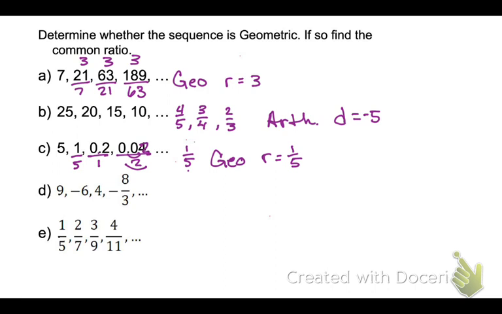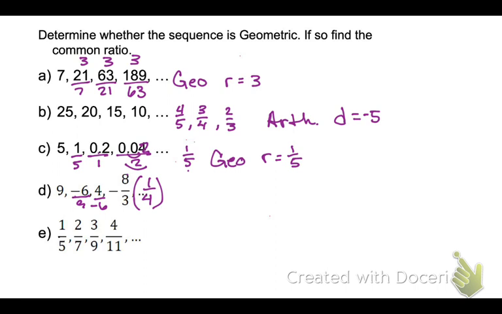The next one I know is not arithmetic. Why? Because it goes positive, negative. Can that happen when I'm adding or subtracting something? No, I can switch one time, but I can't go back and forth. So I get 6 divided by 9, then 4 divided by negative 6, then negative 8/3 divided by 4, which is multiplied by 1/4.